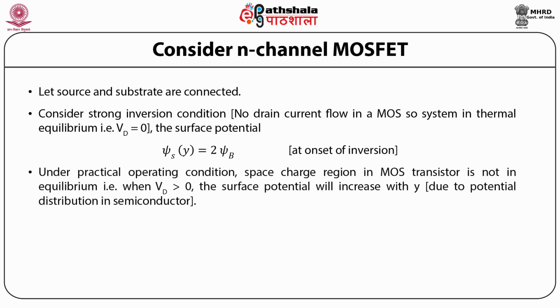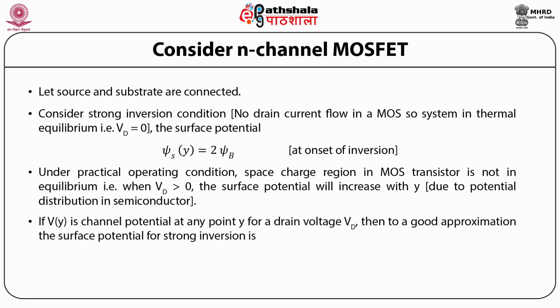Under practical operating conditions, the space charge region in a MOS transistor is not in equilibrium, that is, when Vd is greater than 0, the surface potential will increase with Y due to the potential distribution in the semiconductor.